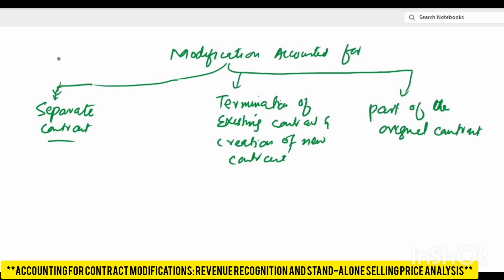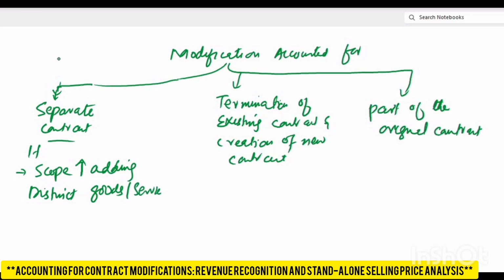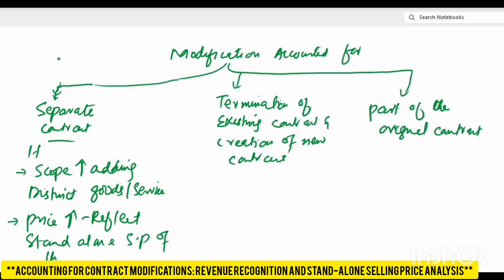For that you have to understand that the criteria are met when the scope of the contract increases because of adding distinct goods or services, and the price increase reflects the stand-alone selling price of those goods or services.